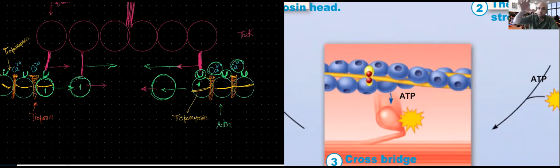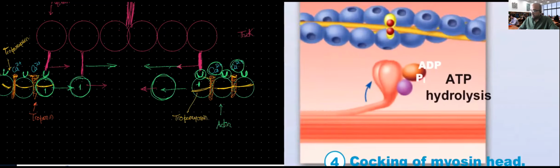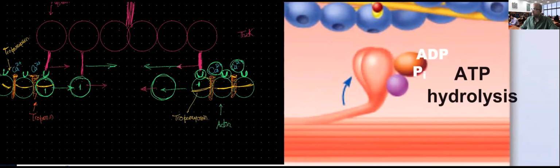So in order for you to unbind the myosin heads from the binding sites on the actin subunits, you're going to need to bind to ATP. I need energy to bind, I need energy to unbind as well. You bind to the ATP, you will unbind from the binding sites on the actin subunit, and you're ready to bind to the next one.